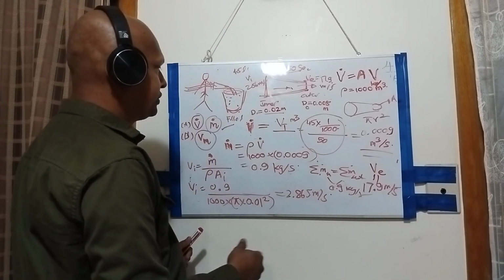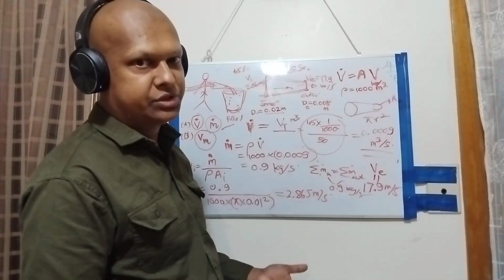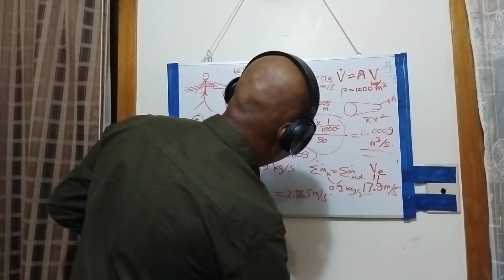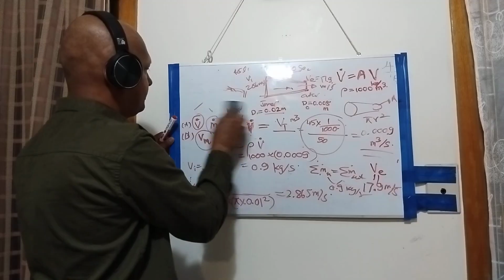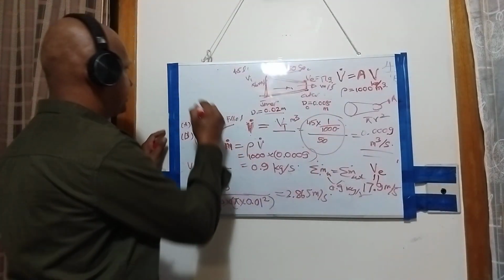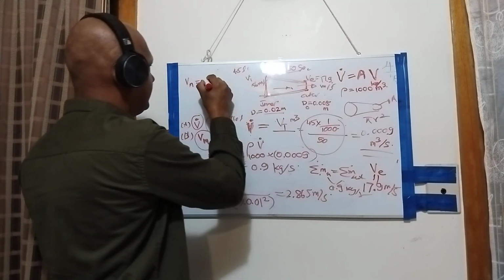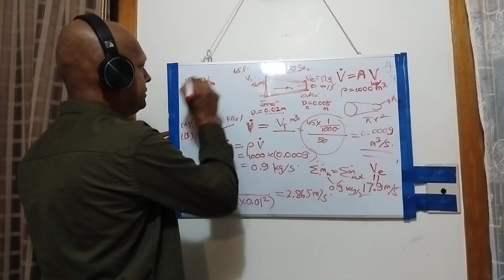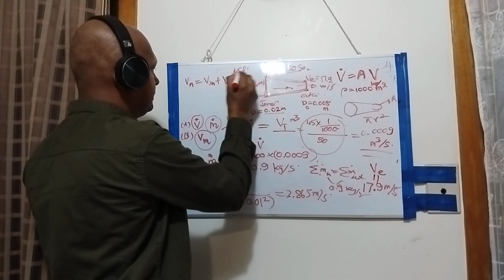So the mean velocity within the nozzle is going to be, you have to add these two. So the mean velocity, you have to add the inlet velocity and outlet velocity.